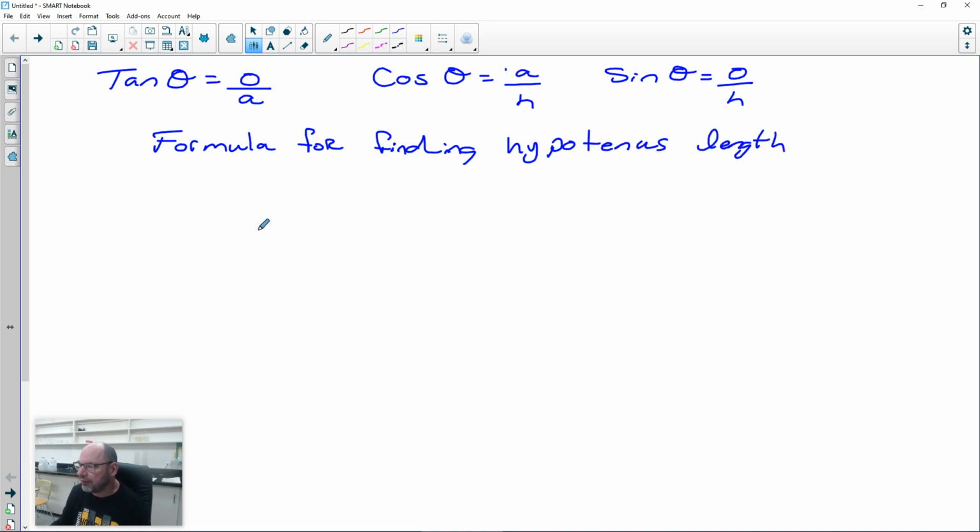If you're given the adjacent side, we use cosine.